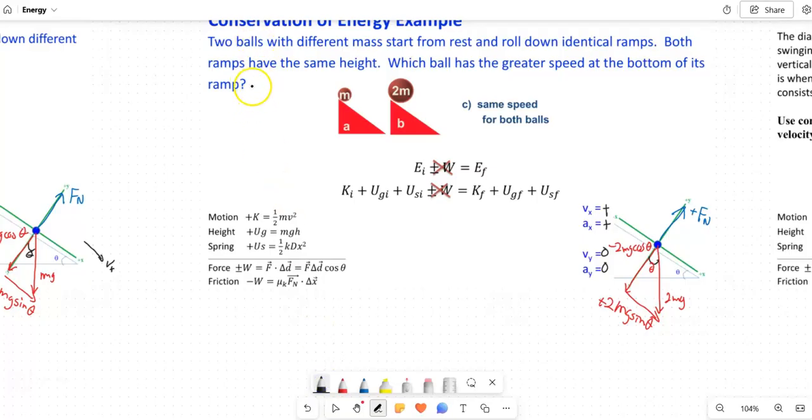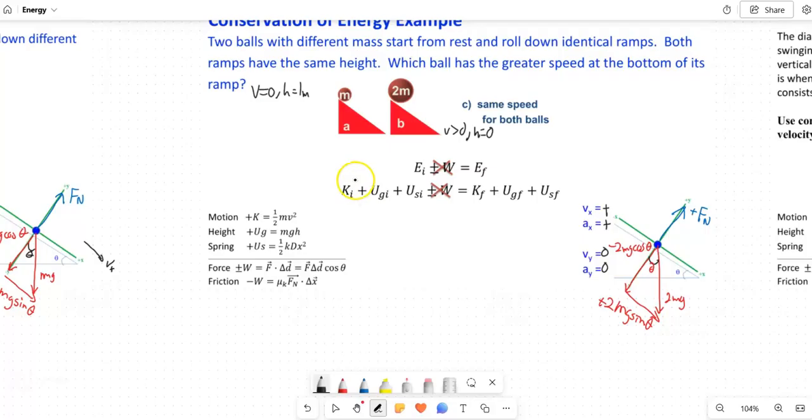Again, they both start from a height of 1 meter, and they both get to the bottom where their velocity is greater than 0, but their height is equal to 0. So again, list out these equations. List out all your variables here. Note the initial energy, note the final energy, and let's start doing this.